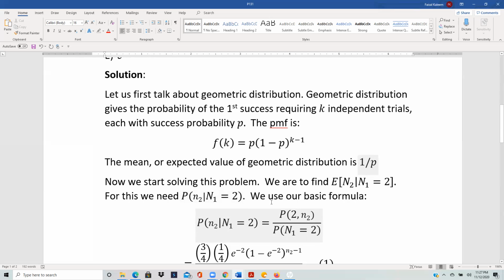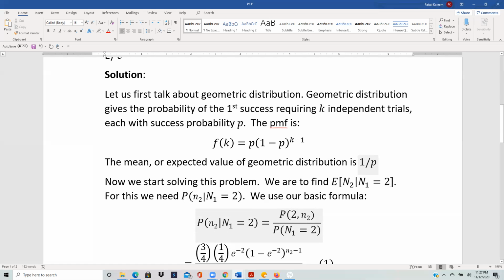So we use our basic formula. We know that the probability of N2 given N1 equals 2 will be the probability that N1 is 2 and N2 is N2.